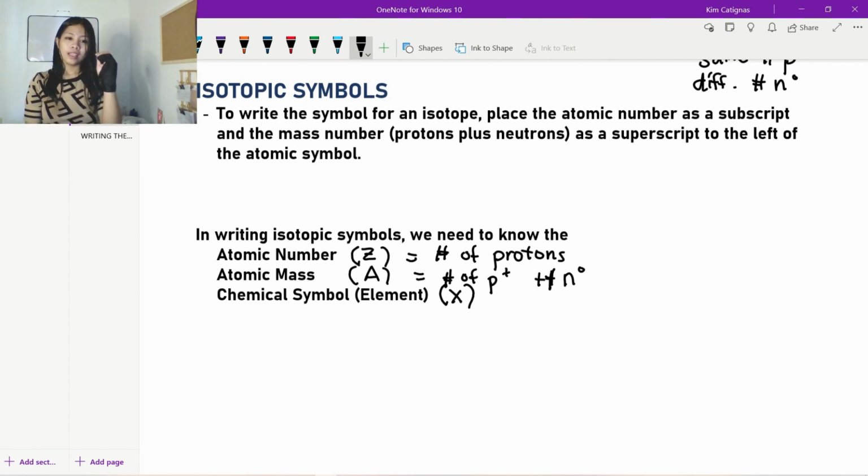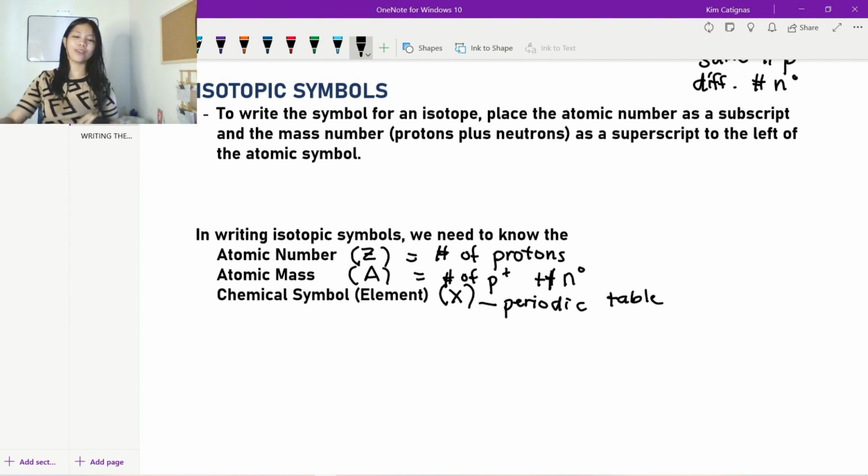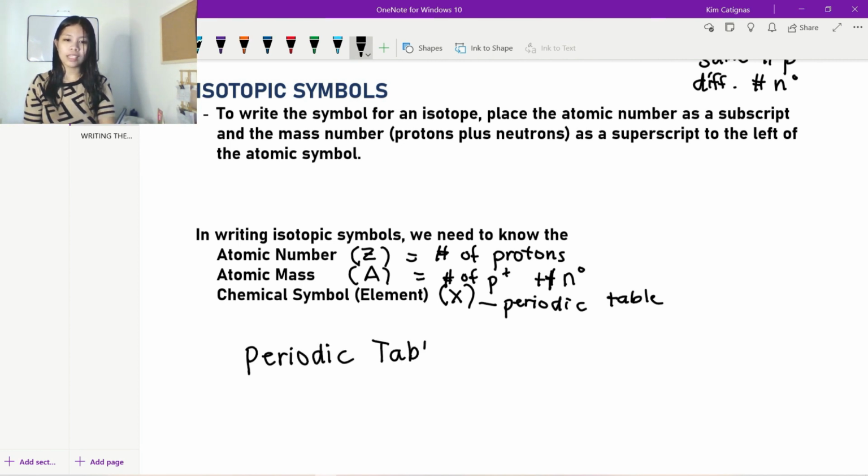Okay, so, si chemical symbol naman po, makikita niyo po yan sa periodic table. And also, all others. Actually, dito sa pagtingin ng isotopes, kailangan po talaga natin yung periodic table of elements. Okay? Kung hindi mo kabisado sa ulo yung lahat ng elements sa periodic table, syempre, kailangan mo ng periodic table dito.